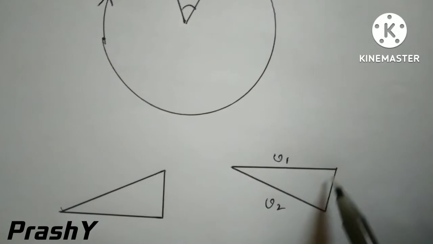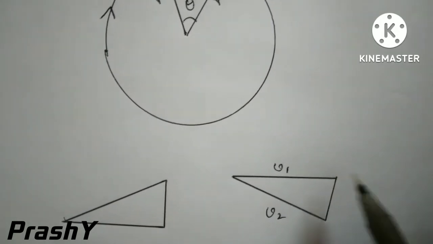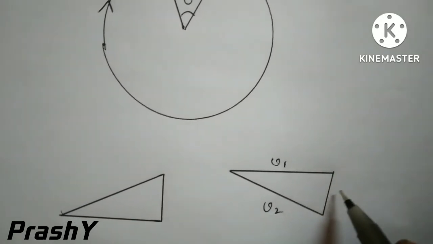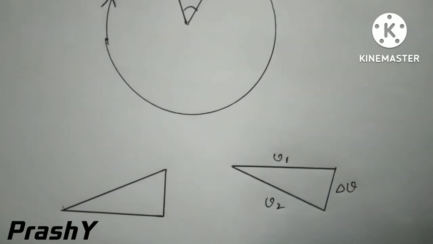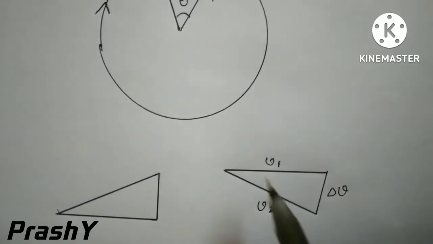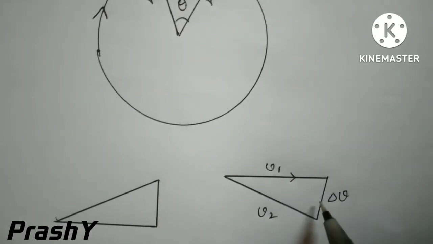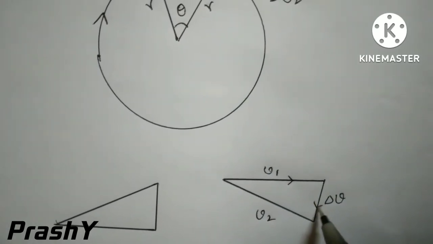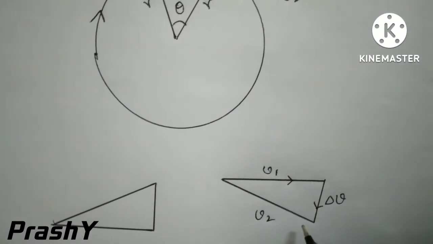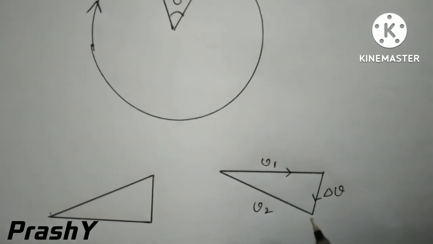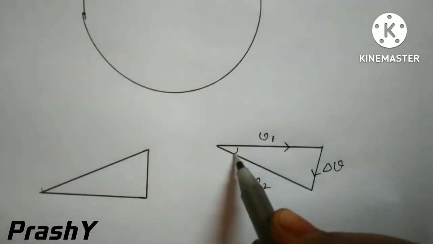What does this side of the triangle represent? This represents delta v, that is nothing but the change in velocity. The original velocity and the change in velocity will give you the final velocity. Here the angle made is theta.